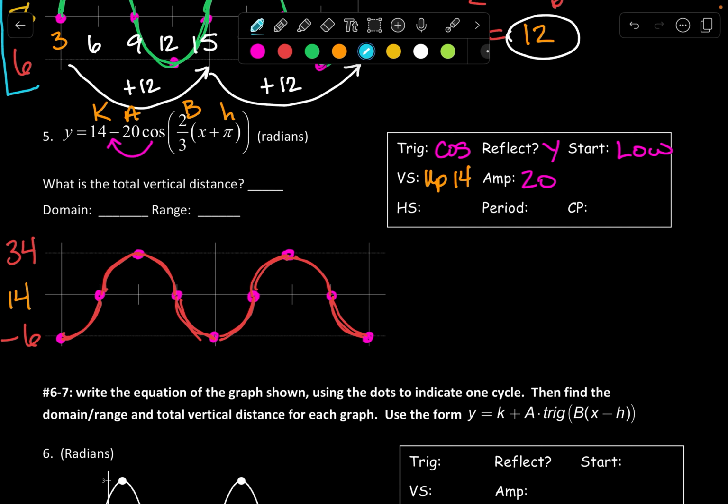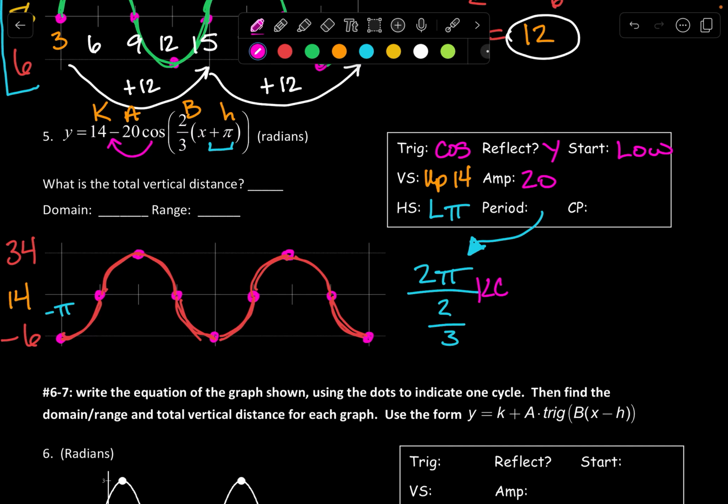My horizontal shift, I've been moved plus pi, which means left pi, which means instead of starting at 0, I'm going to be starting at -pi. Period's going to be 2 pi over B, which is 2/3.